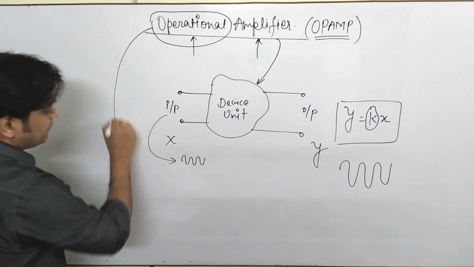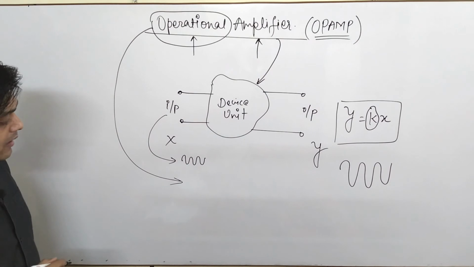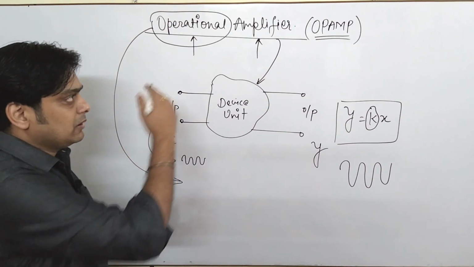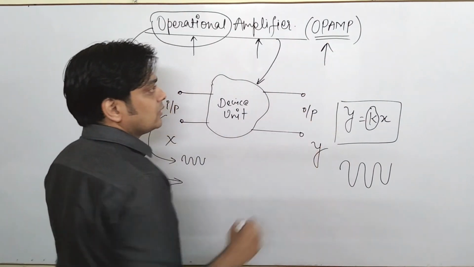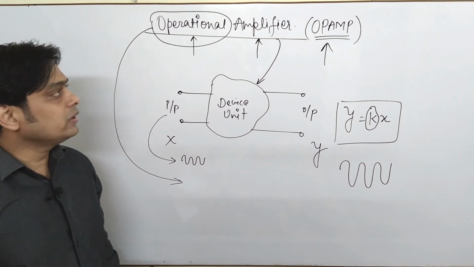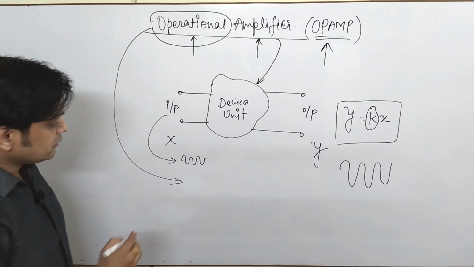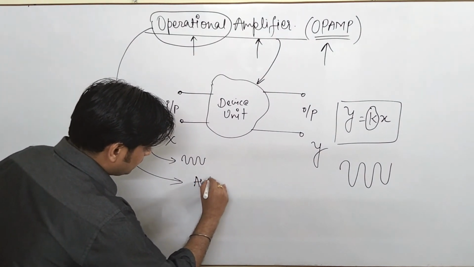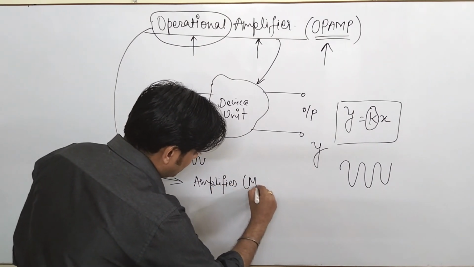The meaning of operational is that there are different types of functions which can be performed with the help of OPAMP. That's why OPAMP is known as operational amplifier, and it is also known as an amplifier having capability of mathematical operations.